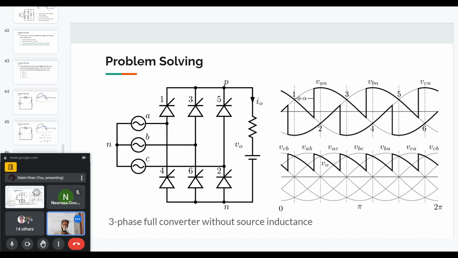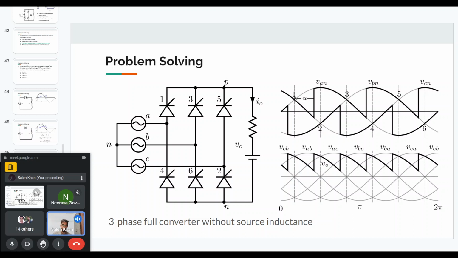Depending on the alpha angle, in this period it will be VAN minus VBN, because this voltage is VBN. So then we will get VAB in this portion. Similarly, we can continue, and depending on the alpha angle, the voltage will look like this.